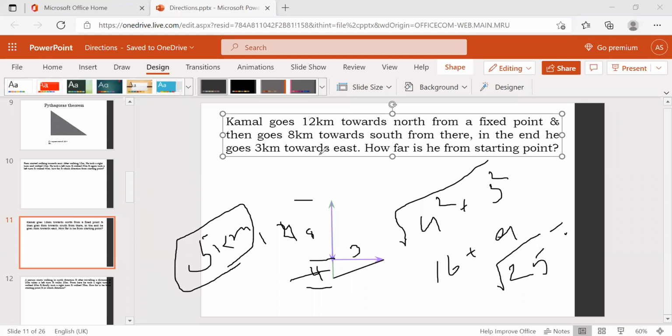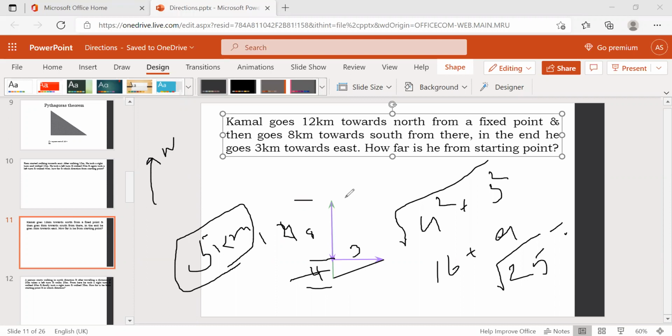So whenever you are finding direction problems, you just draw one direction like north, and based on this, you try to find the data. First he goes 12 kilometers towards north, and south means in the same direction he just goes backward 8 kilometers.